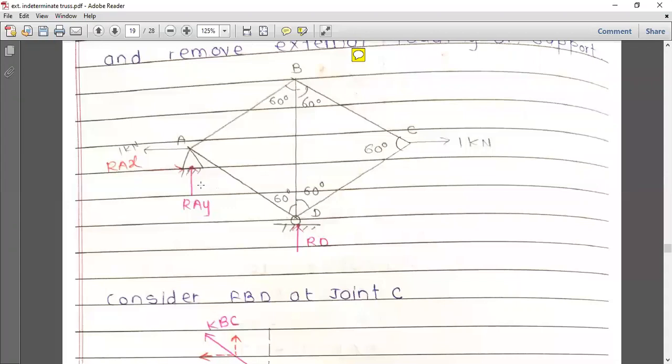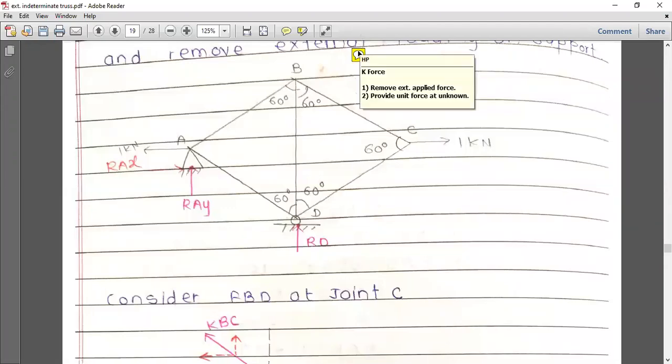That's why RAY and RD must be equal to 0, because we are in K force analysis, and in K force analysis we have removed the external applied force.